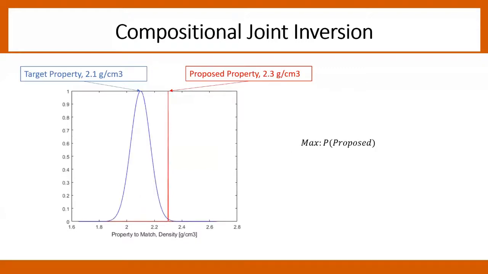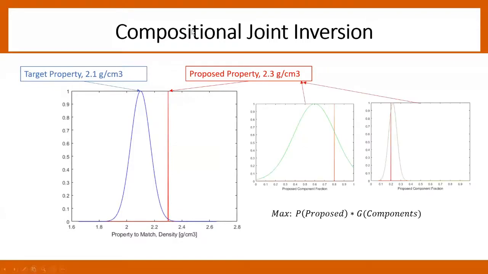Not only that, but keep in mind that the proposed property is not just one value. We're going to say that it is one value, but we have a prior. So we're going to say that the property we're proposing is more valid the closer it is to the prior that we have.